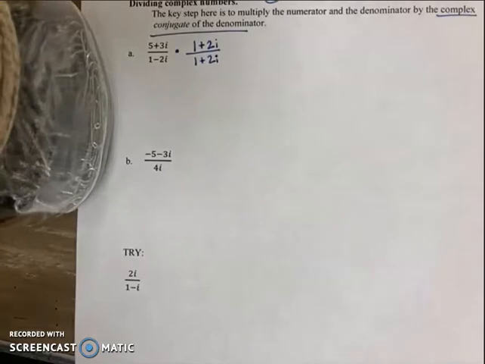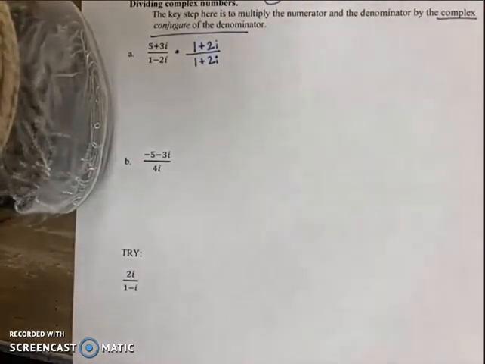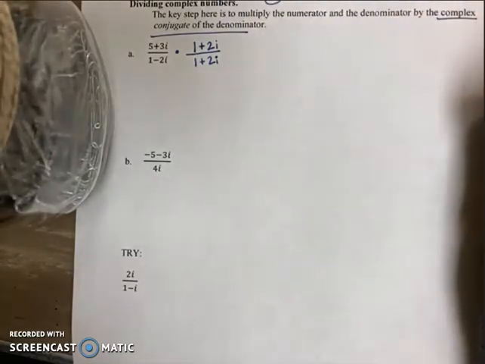The reason why we have to do this is because technically we are multiplying by 1 because something over itself is 1, like 3 over 3 we would say is equal to 1. Negative 2 over negative 2 is 1. Something over itself is always 1, or we call this the fancy form of 1.